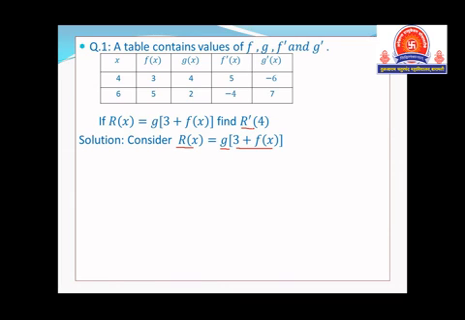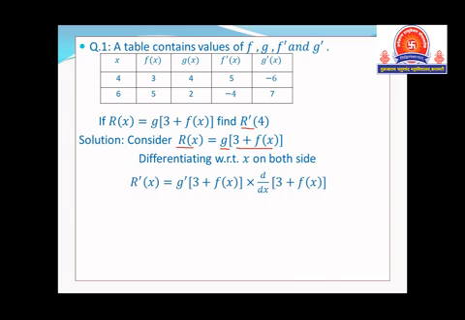First we have to find out r dash. To find r dash, differentiate the given function first. So differentiating with respect to x on both sides. So derivative of r of x is r dash of x, and we know how to find the derivative of composite function, that is derivative of outer function and multiply it by derivative of inner function.